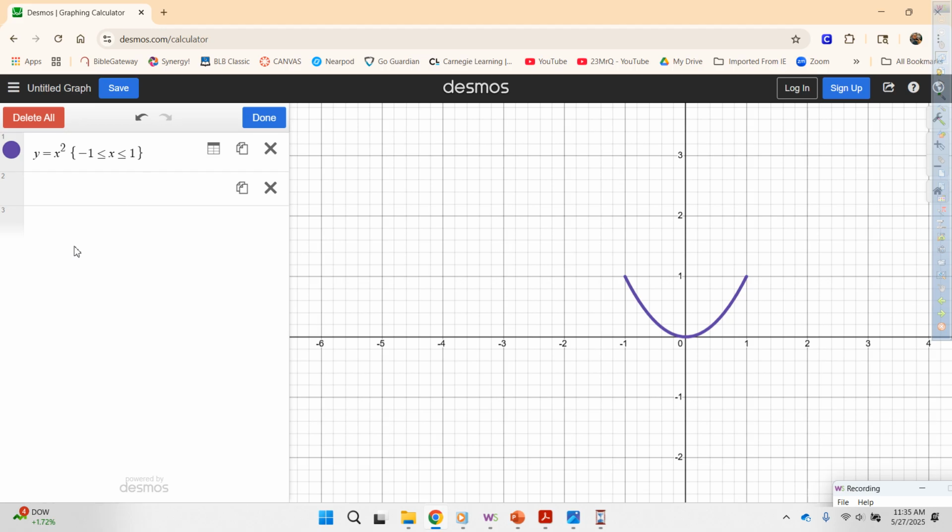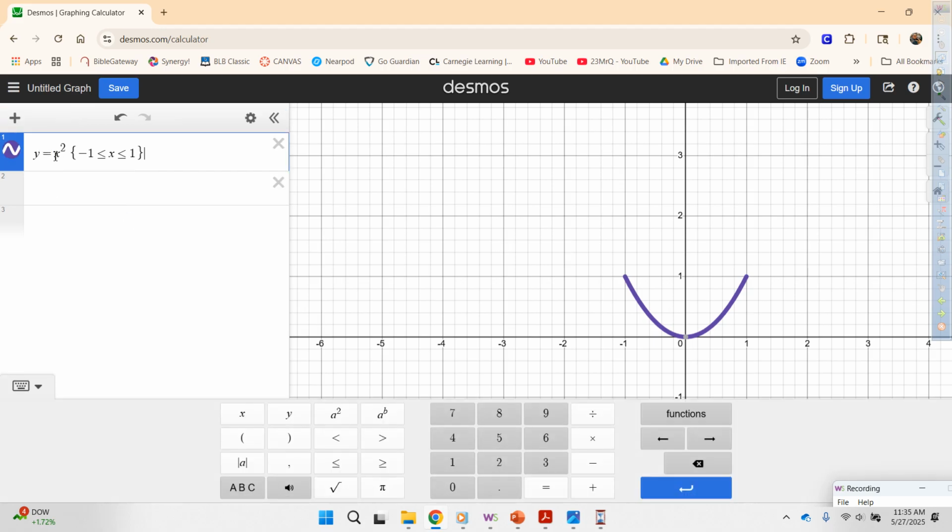How are we doing? All right. But what if, Mr. Q, what if I wanted to shade upward from that parabola? Look up. Go here to the equal sign, highlight that, and change it to greater than or equal to. And you're like, well, what if I did less than or equal to, Mr. Q?